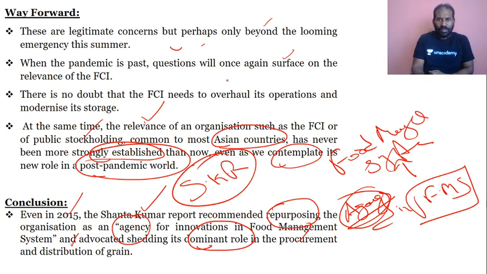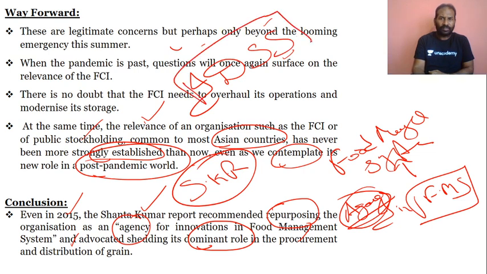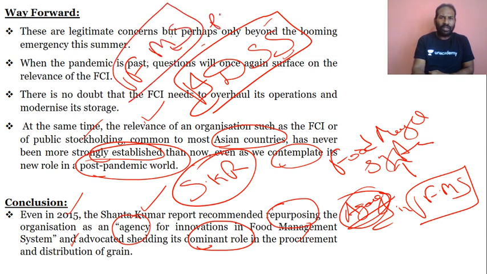So now you can also link what we were talking about yesterday in regards to India's disease surveillance system, and now we are talking about food management system. Linking it with the post COVID-19 pandemic situation, there is a need for a reboot of India's disease surveillance system.